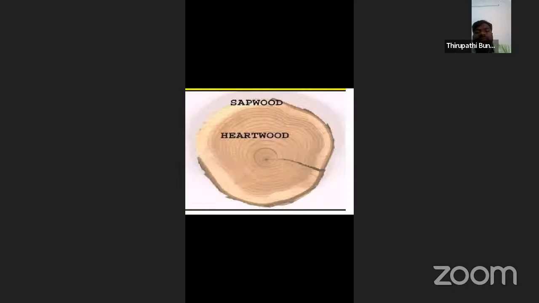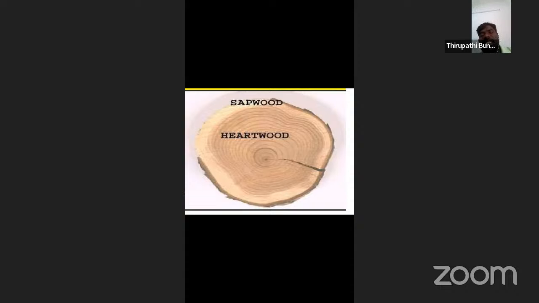See once, this is colors, sapwood color and hardwood color. Hardwood is a very dark color. The central portion is called hardwood. The peripheral region surrounding it, the outer region, is called sapwood.